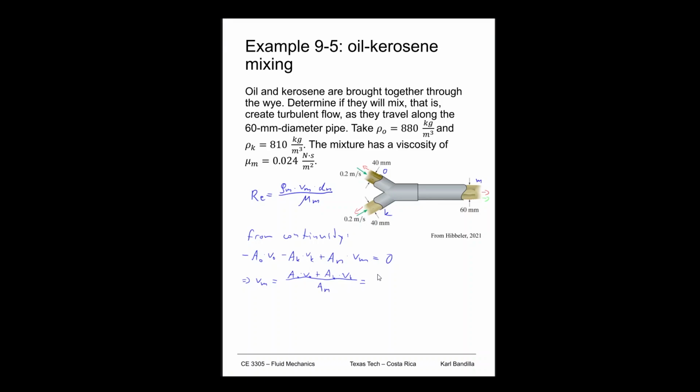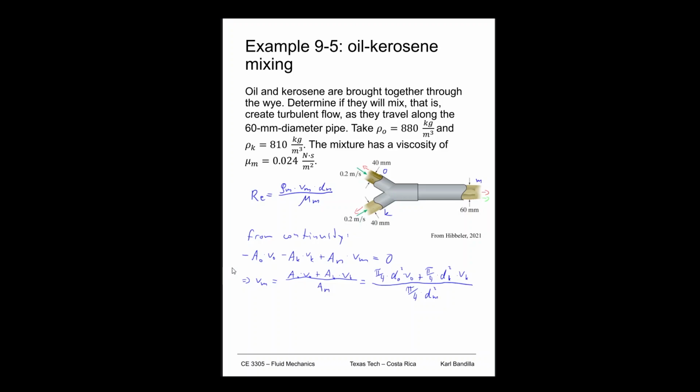We know those are all pipes that are circular, so we can say that'd be pi over 4 times D oil squared times V oil plus pi over 4 times dk squared times vk, divided by pi over 4 times d mixed squared.